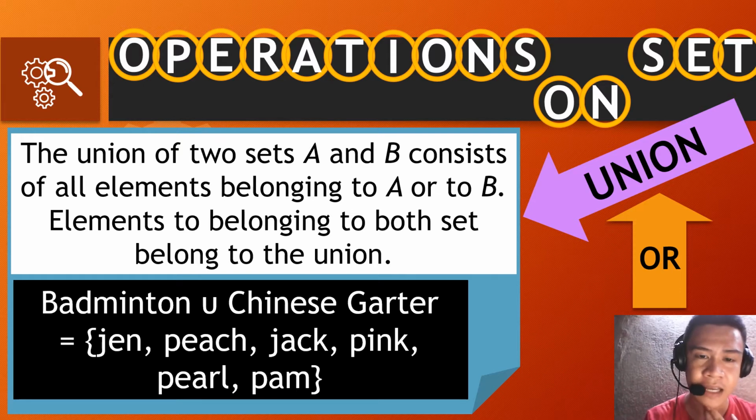For example, earlier we had six best friends who played badminton and Chinese Garter. Badminton union Chinese Garter is equal to Jen, Peach, Jack, Pink, Pearl, and Pam. Since Jen, Peach, and Jack play badminton, while Pink, Pearl, and Pam play Chinese Garter. So we just combine those elements, and that is the union of the two sets. Okay.